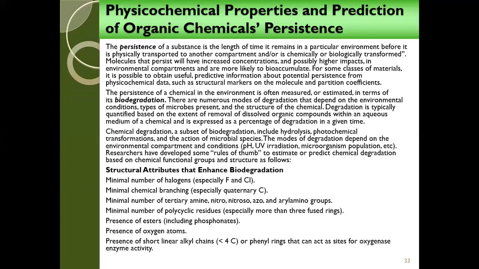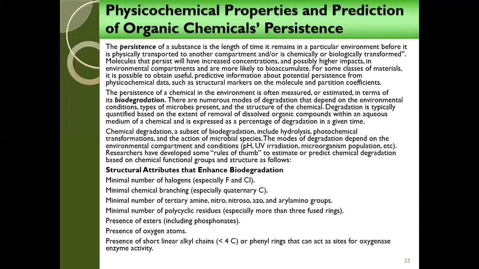It could be a chemical process, a biological process, or a physical process. Although here it is specific, biodegradation has to do with the breakdown of that chemical through the activity of microorganisms. That is what we mean by biodegradation.